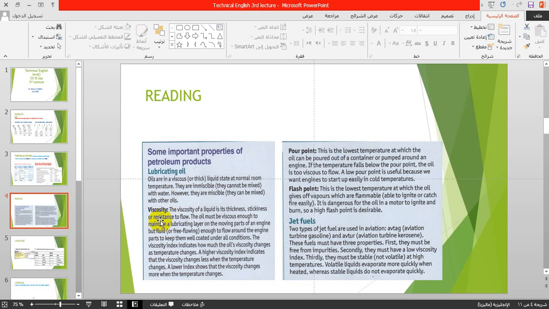Okay. Now viscosity. The viscosity of a liquid is its thickness, stickiness or resistance to flow. Okay. The oil must be viscous enough to maintain a lubricating layer on the moving parts of an engine, but fluid or free flowing enough to flow around the engine parts to keep them well coated under all conditions.